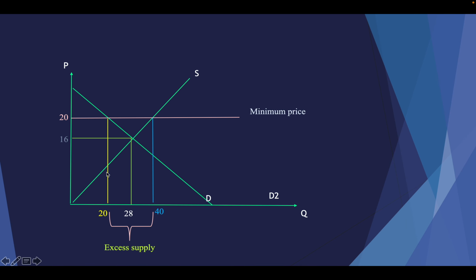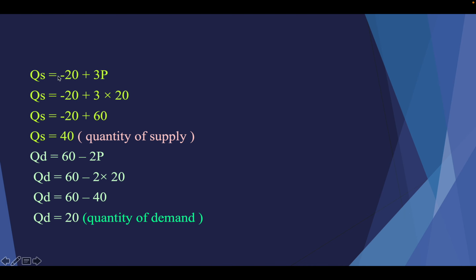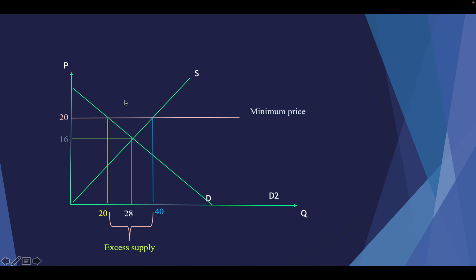So remember that the supply curve goes with the supply equation, and the demand curve goes with the demand equation. So when you find out the quantities or prices, use the same equations with the same curves.